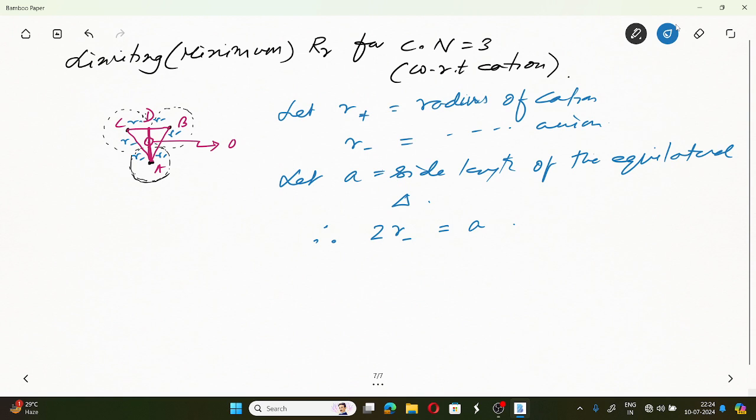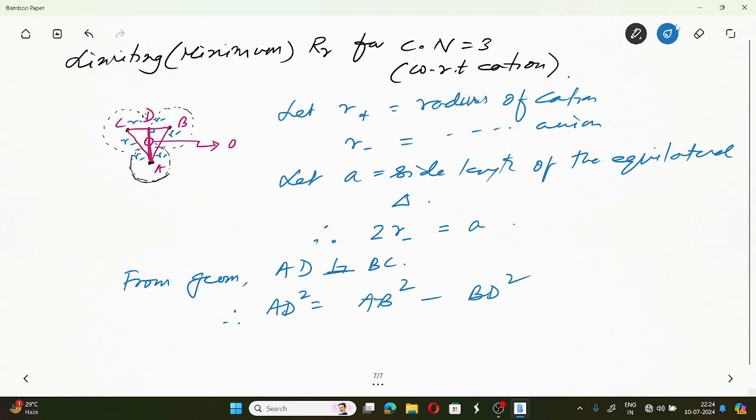Now look at AD. In an equilateral triangle, if you extend it, it will become perpendicular. So from geometry, AD is perpendicular to BC. Therefore AD square equals AB square minus BD square.